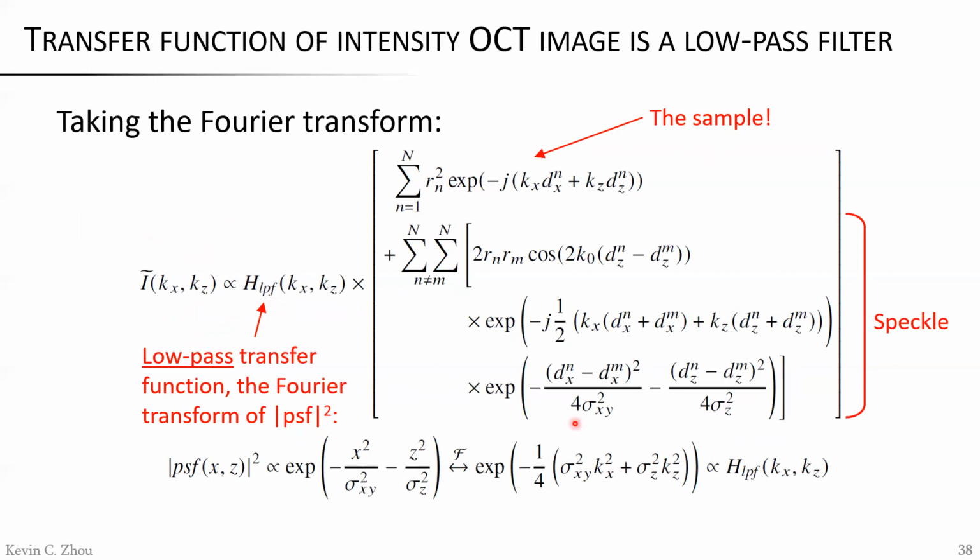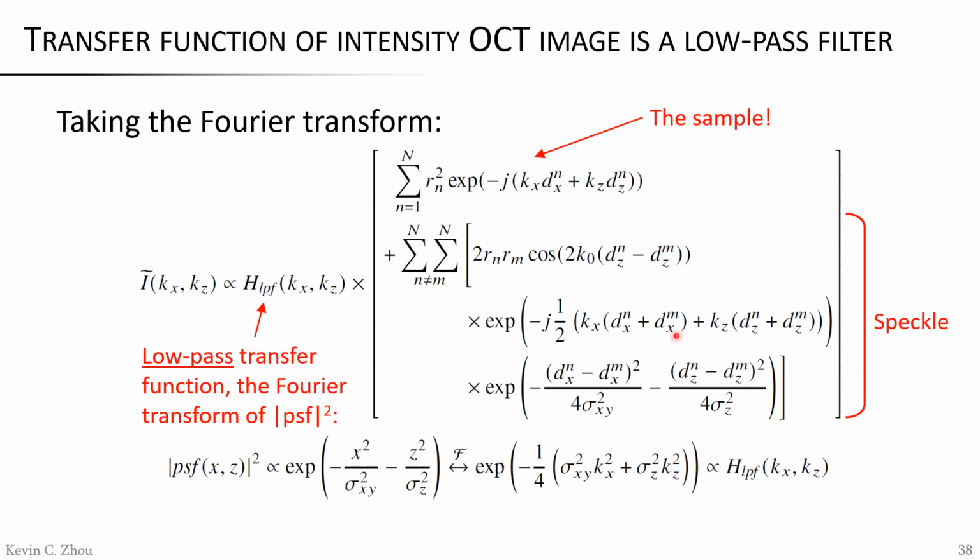We get this very large expression that looks scary, but it's not as bad as it looks. The first thing I'll note is that it factors nicely into a product of what looks like a low-pass transfer function, which is the Fourier transform of the magnitude squared of the coherent point spread function, and in the brackets on the right, we have basically the sample. If you look at this sum, this is a superposition of complex exponentials, which if you take the Fourier transform of, you get a sum of delta functions corresponding to the reflector or scatterer positions.